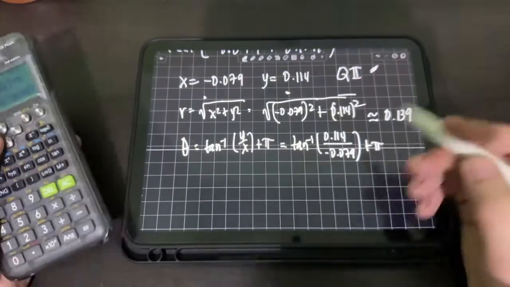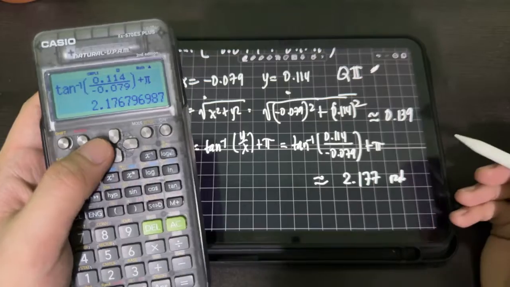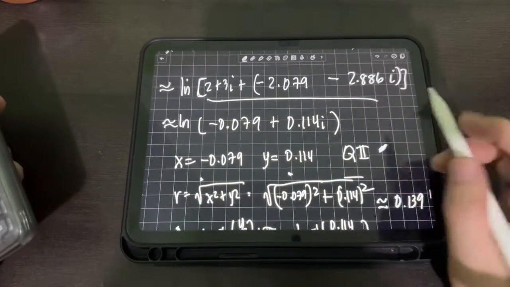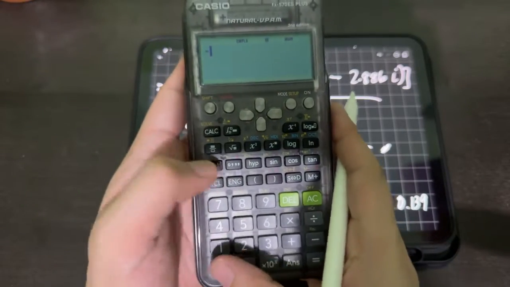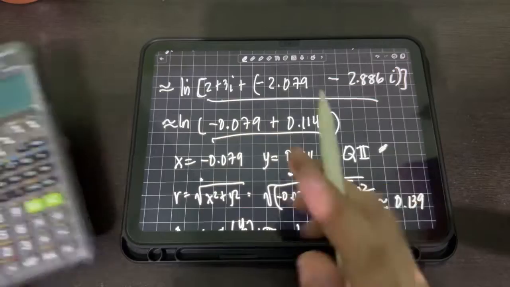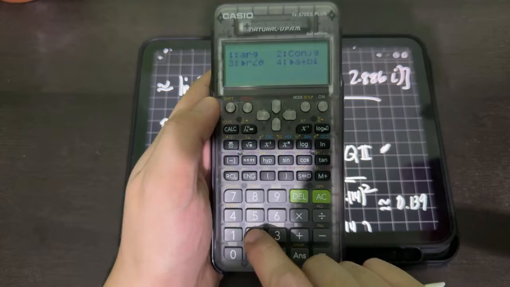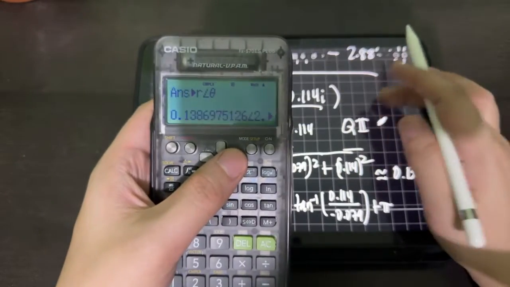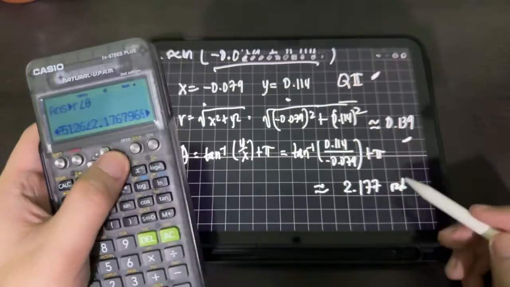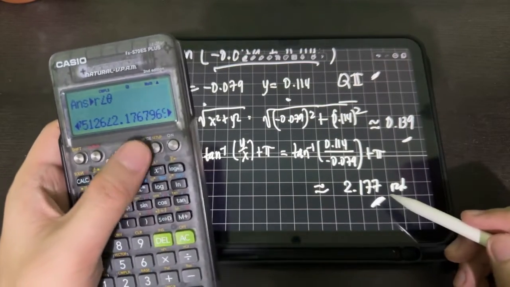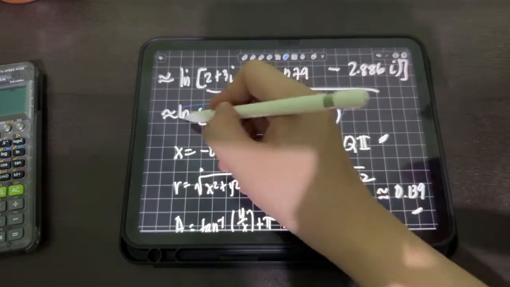It is approximately equal to 2.177 rad. Again, if you try to convert this directly using your calculator to polar form, just input this complex number, negative 0.079 plus 0.114i equal. Then press shift 3. Okay, you will see you have the same r, 0.139, and same theta, 2.177 rad.